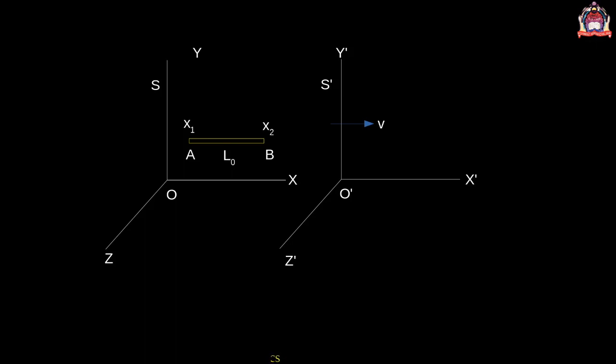Let AB be a rod lying along the x-axis in frame S, and the coordinates of the ends A and B of the rod are x1 and x2 respectively. Then the length L0 of the rod in frame S is given by L0 = x2 - x1.